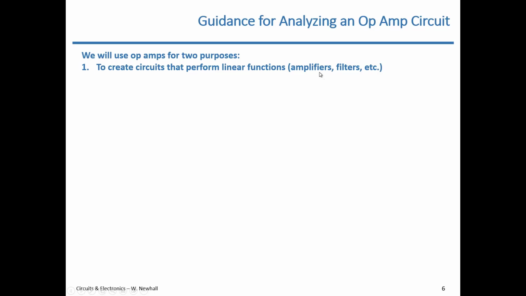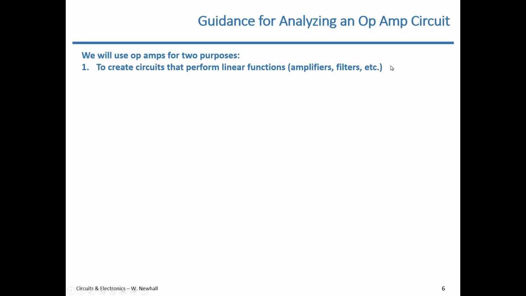What are those linear functions? Function like an amplifier. You want to make a voltage bigger. Function like a filter. You want to make a low pass filter or a high pass filter, but unlike what you did in lab, you might want to build some gain or some amplification into the filter. Okay, or you may want to figure out what's a filter with a sharper roll off to the stop band from the pass band. You can build amplifiers called transimpedance amplifiers that convert a small current to a larger voltage so that you can detect small currents.